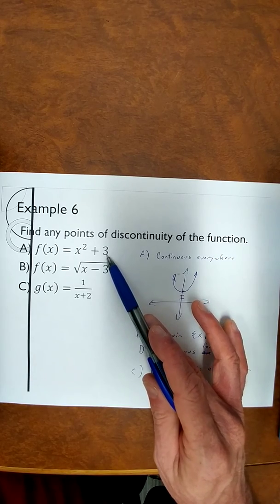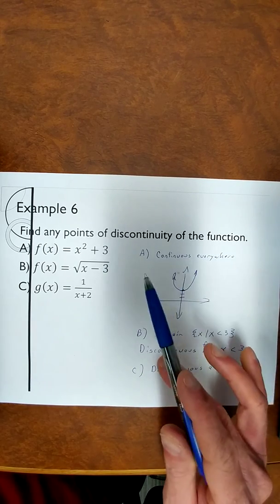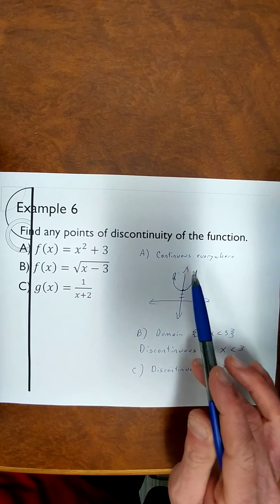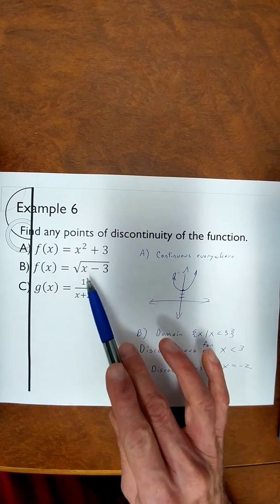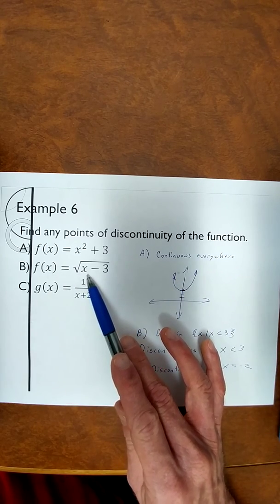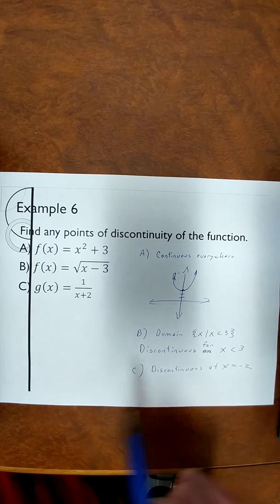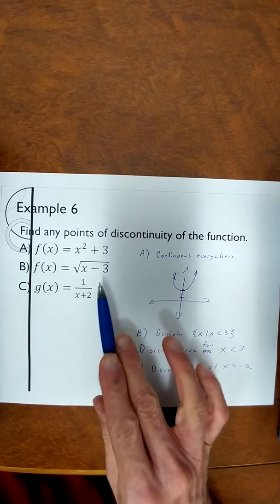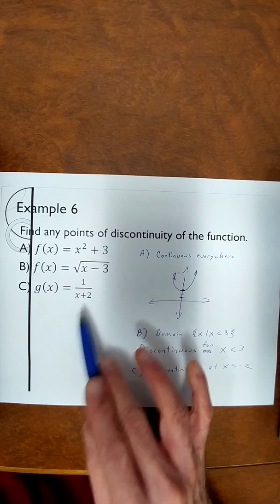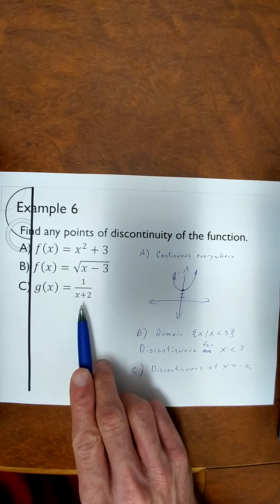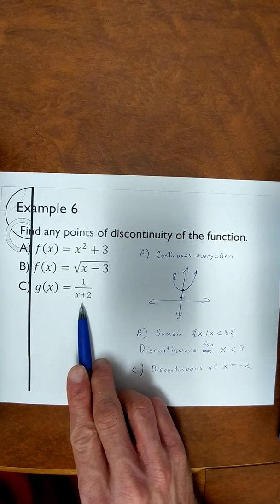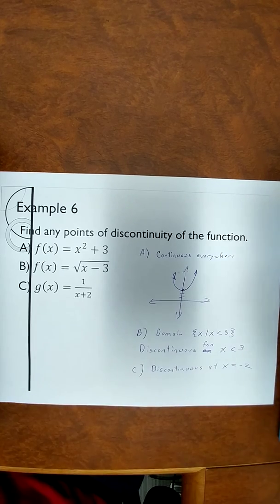So in this case, this function is defined everywhere, so it's continuous everywhere, and of course its graph is piecewise smooth. And here, this function is not defined when x is less than 3, so it's discontinuous when x is less than 3. And here, it's undefined at -2, so it's going to be discontinuous at -2.